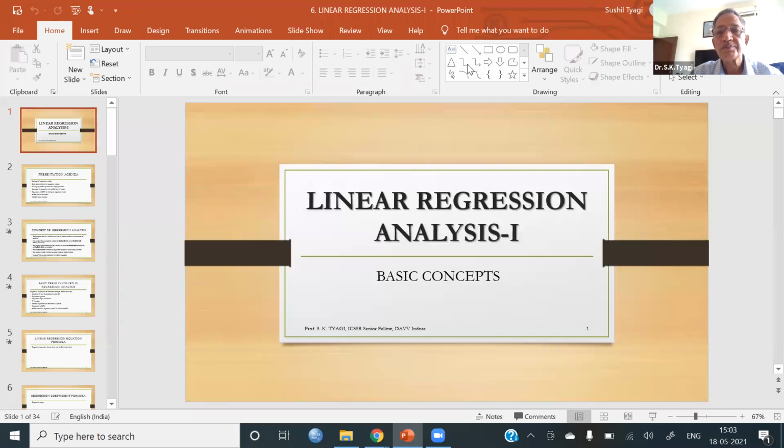Okay, I'm sharing screen. Nitin Kumar has given me green signal that I am audible and you can see the presentation. I once again share the screen.